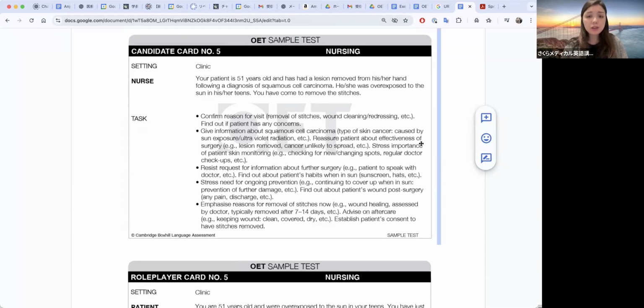It's very important that you continue to monitor your skin even after the surgery. This includes checking for any new or changing spots and having regular doctor checkups. Now, I probably want to check understanding. I could say, how does that sound? What are your thoughts? Do you have any questions or concerns? That sort of thing.